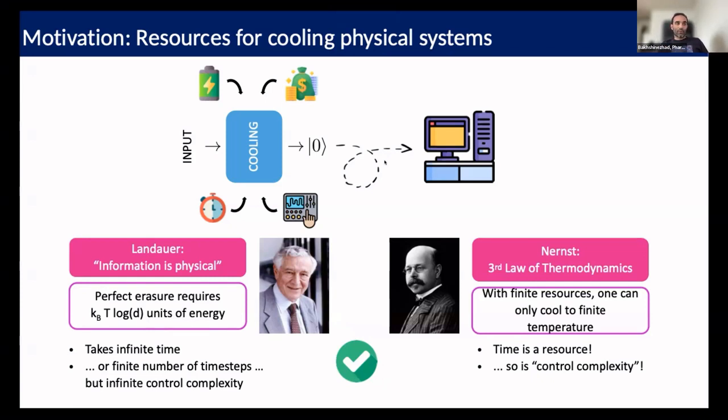In this case, of course, you can cool to the ground state, and time and energy are finite, but you have another resource which we call control complexity, and this should be infinite. So far we have three different resources: time, energy, and control complexity, and we want to see what the relation between them is when we are looking at the cooling process.